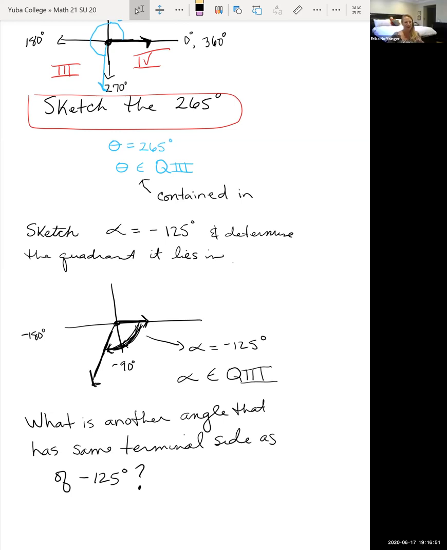Awesome. So heads up, I got an email and I haven't checked out the problem yet, but there is one problem in 7.2 where one of the parts asks you to use a graphing calculator. I'm not having you graph with graphing calculators, and I'm not expecting you to know how to do that. It sounds like it was number 21 in 7.2, and it's probably going to be 21 in yours too, just with different numbers.